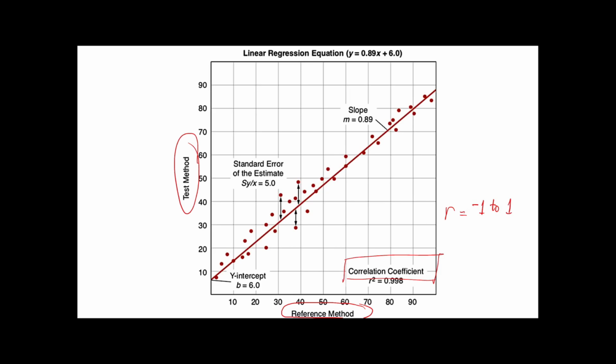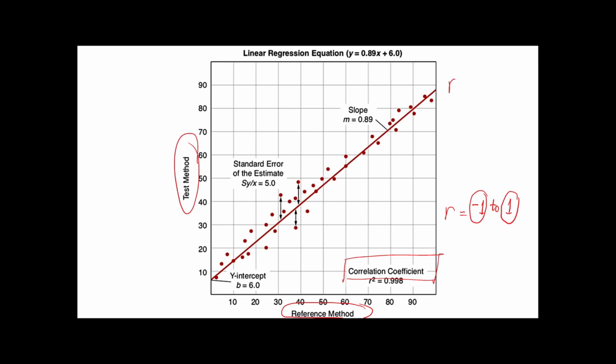The signs here only indicate the direction of the relationship between the two variables or the two methods. If you see a positive R value, that indicates that both methods increase and decrease together, whereas a negative R value indicates that as one variable or one method increases, the other decreases.